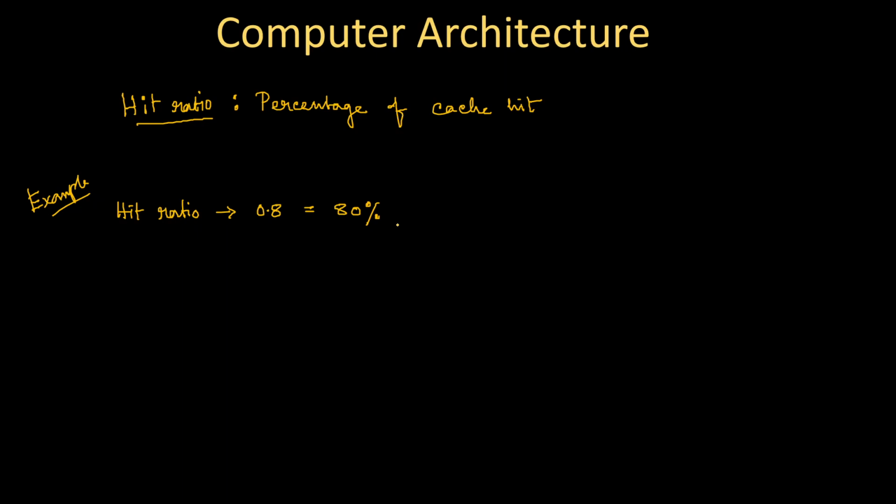Now if I assume for the time being that whatever is not found in cache is definitely present in RAM, then the question will come: what is the total amount of time that is required to complete the job with this hit ratio 0.8? And that is what we call effective memory access time.